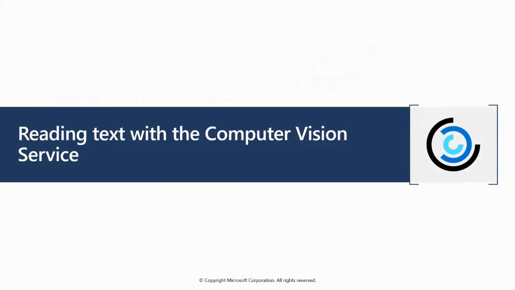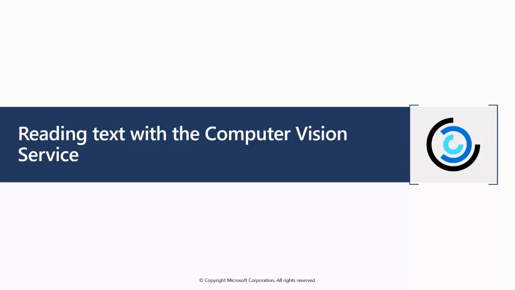Okay. Now, we can use two APIs from the Computer Vision service to read text. We have the Read API and the API for Image Analysis. The Read API can get a small to large amount of text from images and PDFs.